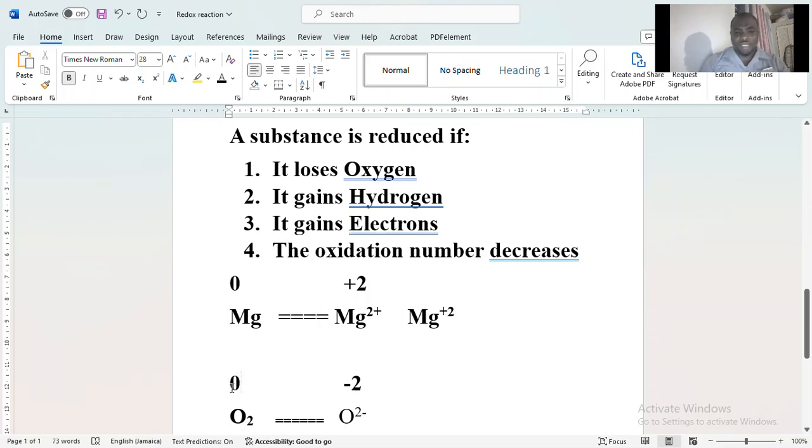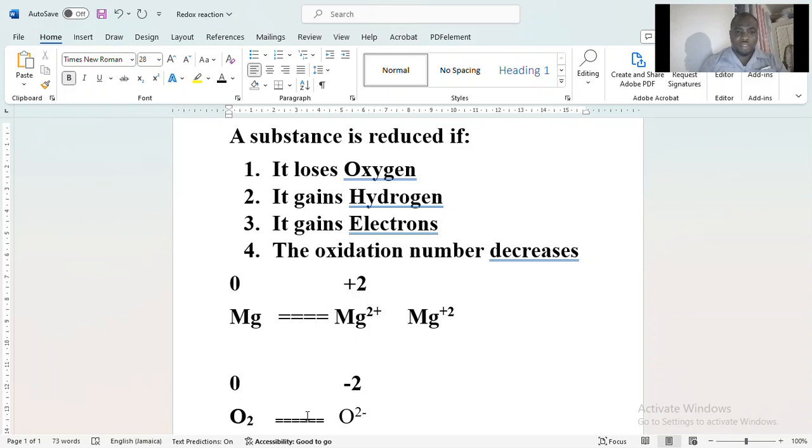And when we look at it, as I said before, these equal signs represent my arrow. The arrow from 0 to negative 2, what is happening to the oxidation number?